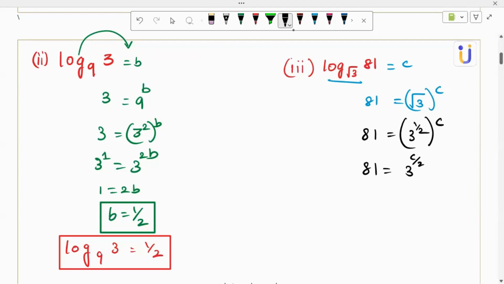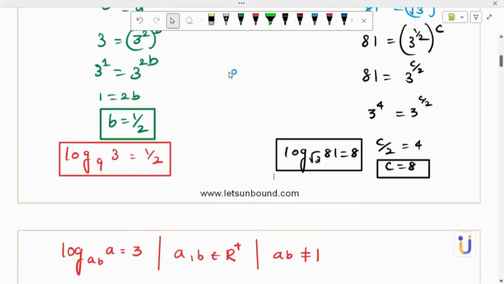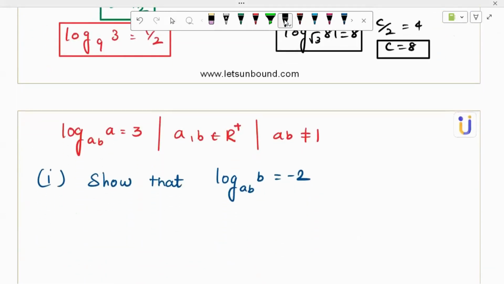Now express 81 in terms of 3: it's 3 to the power 4 equals 3 to the power c over 2. Two power forms are equal, their bases are equal, so exponents can be equated. c by 2 equals 4, and c is 8. What is my c? My c is nothing but log base root 3 of 81 equals 8. That's simple. So the first part is over. It covers almost 7 marks.